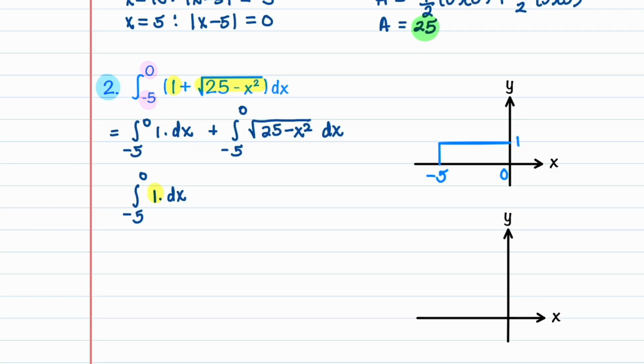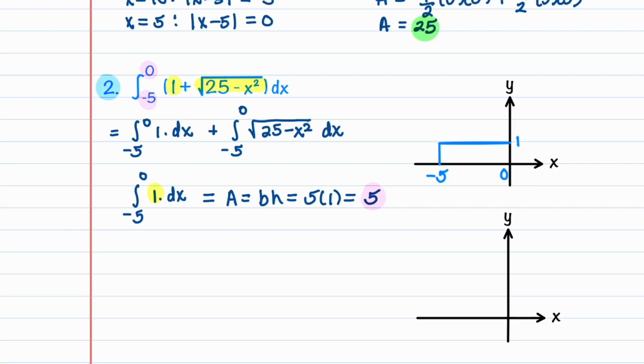Our height is equal to 1, and our width is equal to 5. So we can say that our integral is equal to our area, and that's our base times our height. Our base is 5, and our height is 1, so we get an answer of 5. Let's highlight this because that's part of our answer.